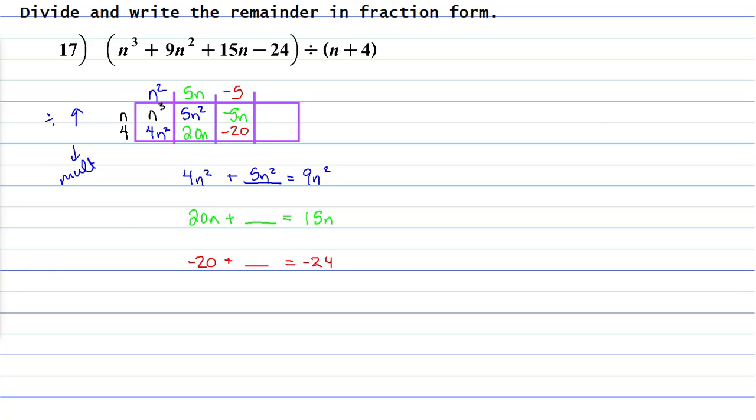Since that negative 5 did not have a variable with it, that means I'm in my remainder. And I need a negative 4 more to get to the negative 24. So my answer is n squared plus 5n minus 5 minus 4 over n plus 4.